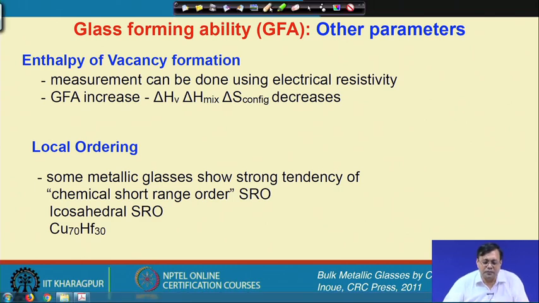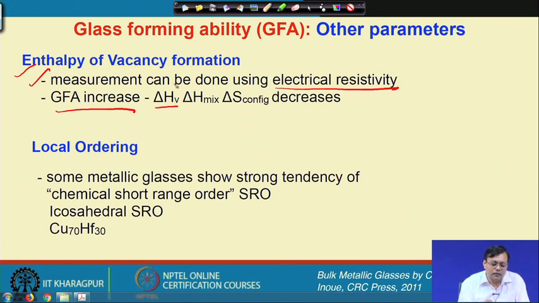Now, there are several other parameters that have been discussed and linked with the glass forming ability, like the enthalpy of vacancy formation. What it says is that the vacancy formation in a glass can be measured using simple electrical resistivity measurement, okay. And the glass forming ability will increase when the enthalpy of vacancy formation, the enthalpy of mixing and the configurational entropy decrease.